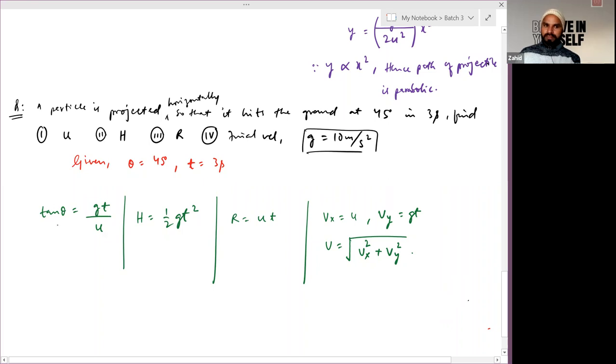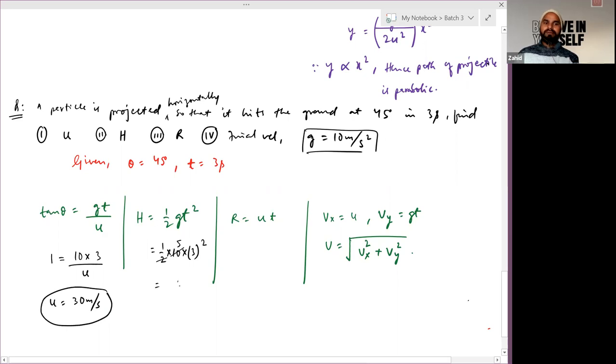If we put all the values in this first part, as we have theta equals 45 degrees, tan 45 equals 1, g is 10, time is 3, divided by u. So you will get u equals 30 meter per second. Using the second part, half g is 10 and t is 3 squared. So this term and this term will cancel out. So you'll get 45 meter as the height of projection.